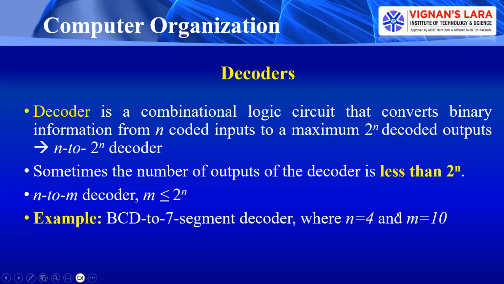That means only 10, so m is equal to 10. So the input for this BCD to 7-segment display decoder is 4 bits, and the output is only 10 outputs. Right? So here the number of outputs for this BCD to 7-segment decoder is less than 2 power n.